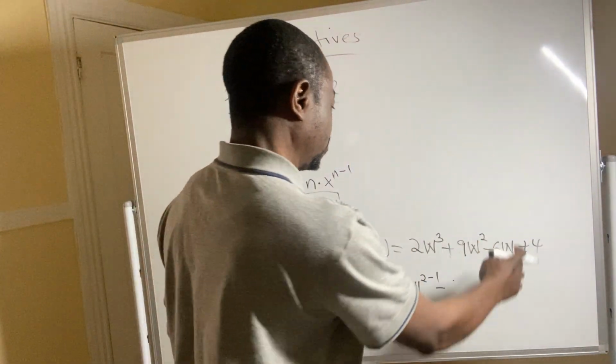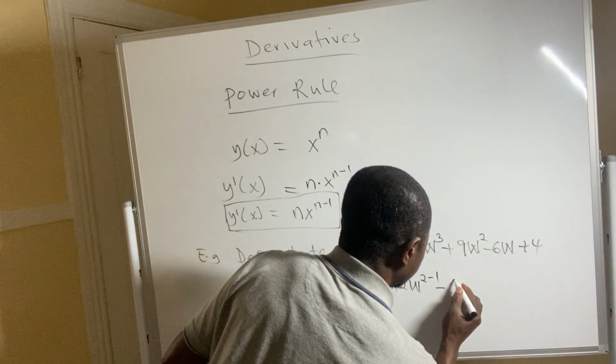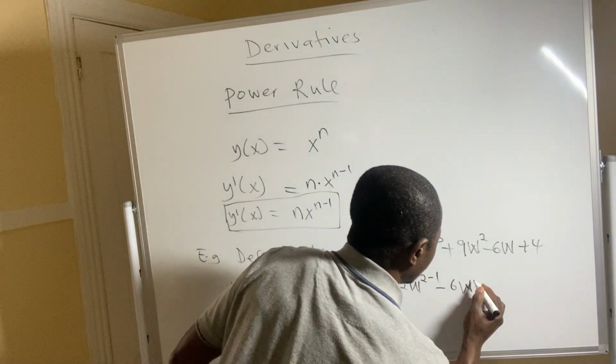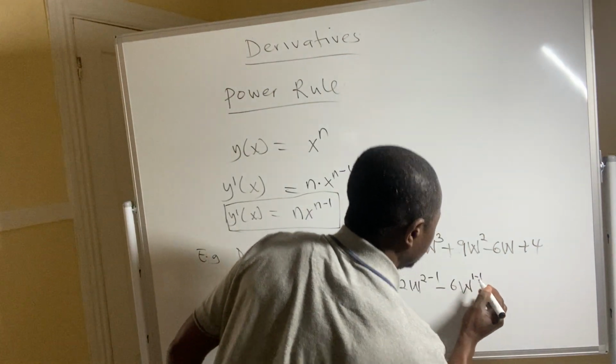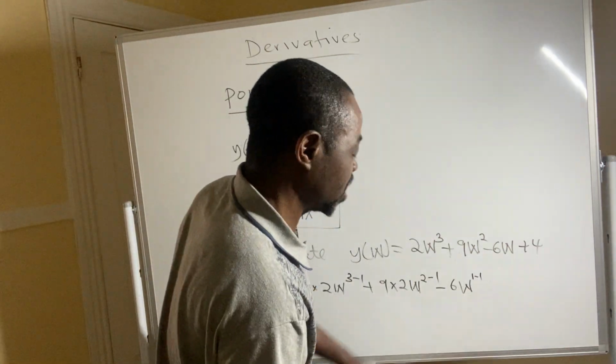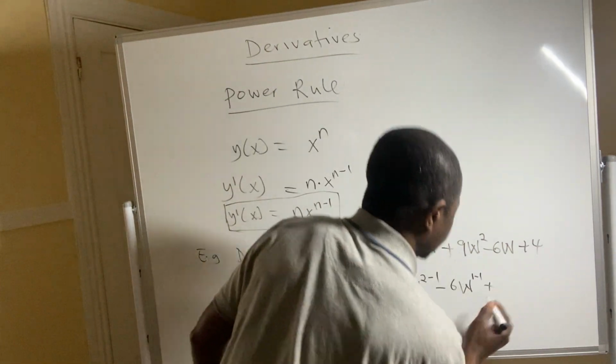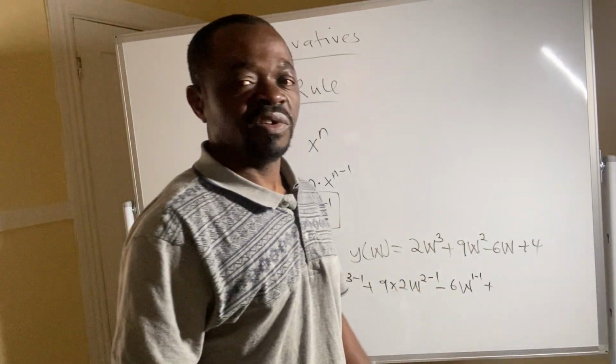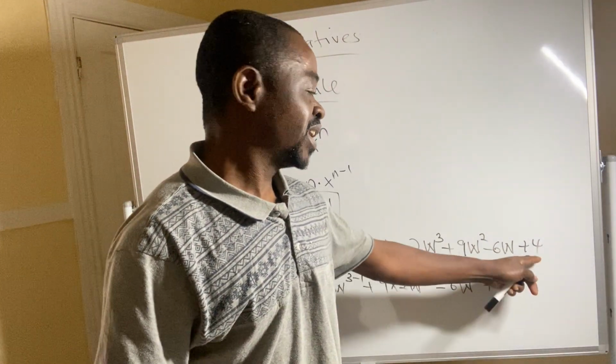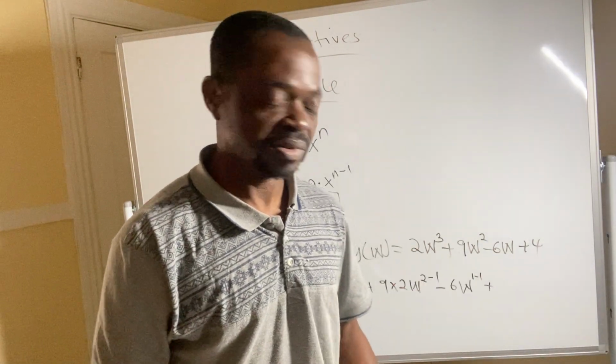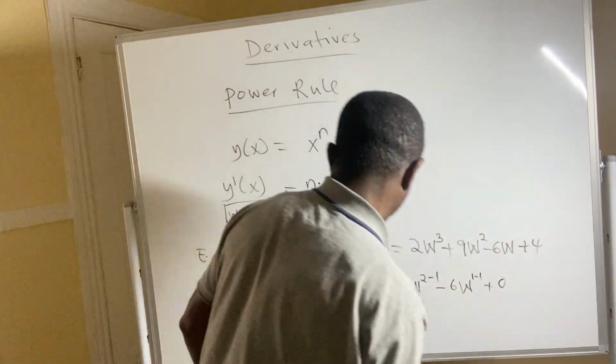So there's no need bringing the 1 down. So just take 6w raised to the power 1 minus 1. You got to reduce the power by 1. And then this is plus. If you have to differentiate any constant term, it becomes 0. So you get 0 here.